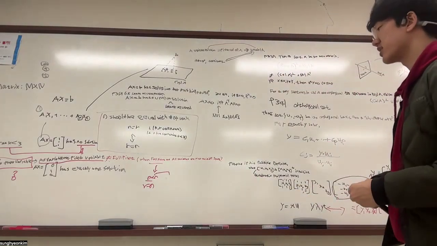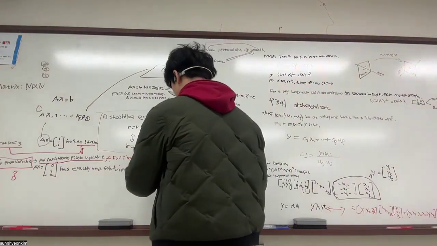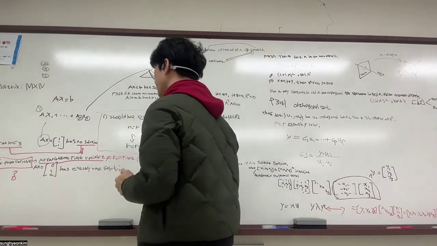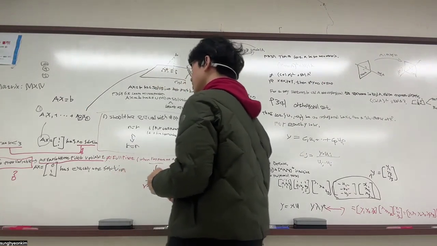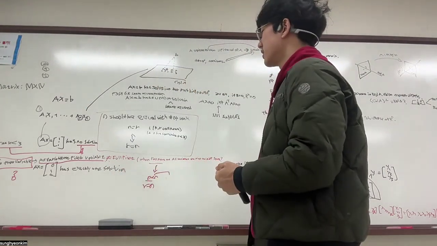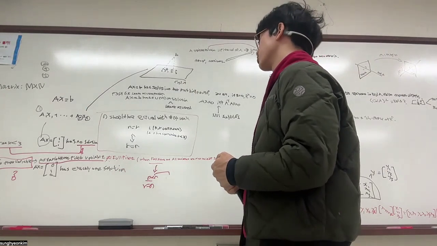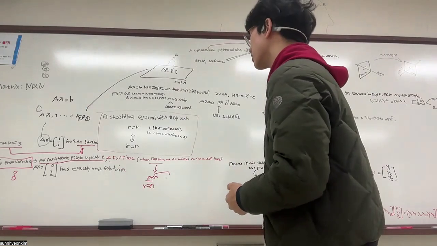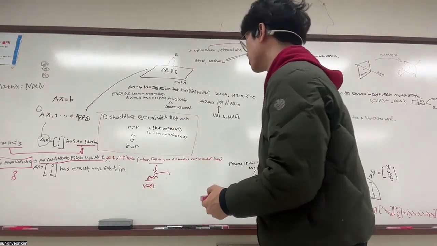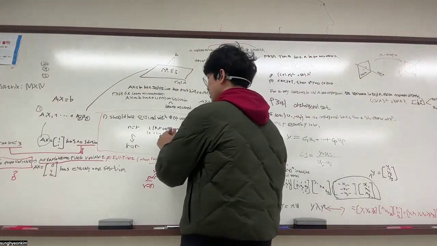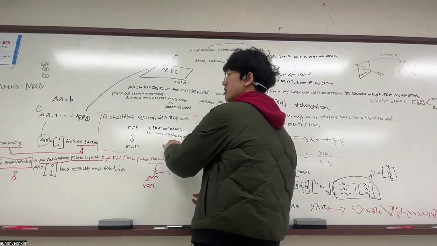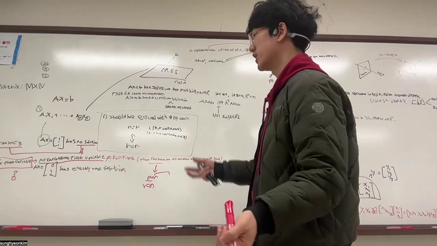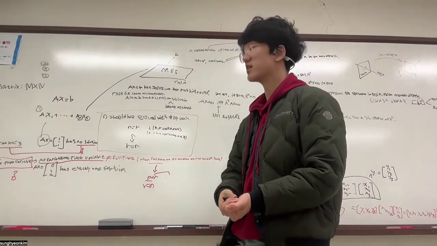So in this case, r should be the same as n, and we have Ax equals b, with b the vector (1, 1, 1), that has no solution. The rank should be smaller than 3. When the rank should be smaller than 3, then n has only 1 or 2. That is the option.